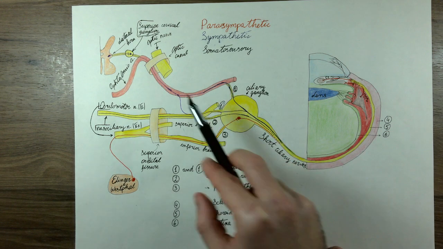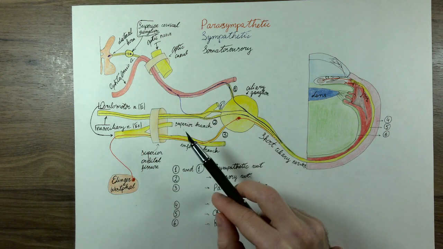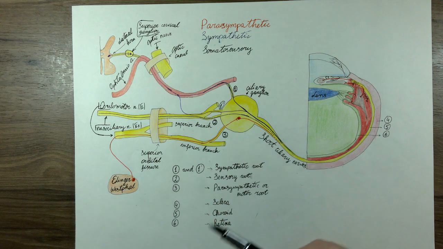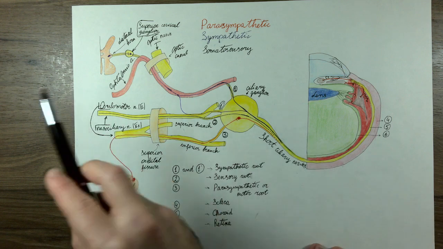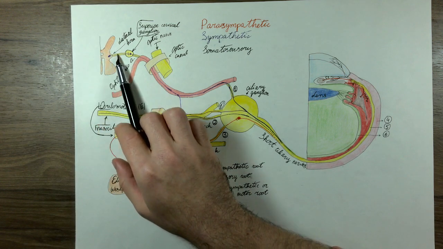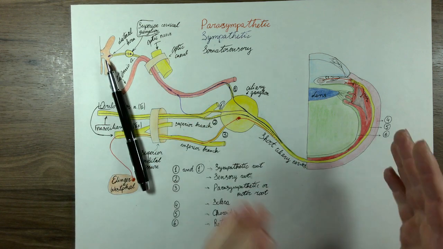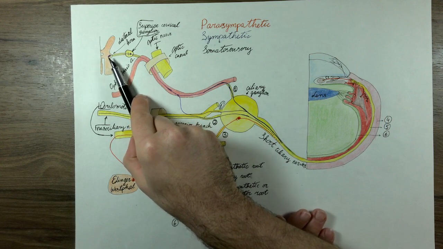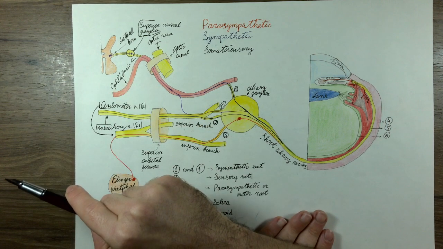Now, if you don't remember that, you can refer to our video discussing the organization of the parasympathetic and sympathetic systems. But in short, the sympathetic system originates from the thoracic portion of the spinal cord. In this case, it would originate from T1, T2, these fibers for the ganglion.